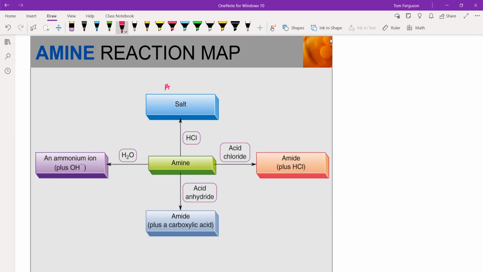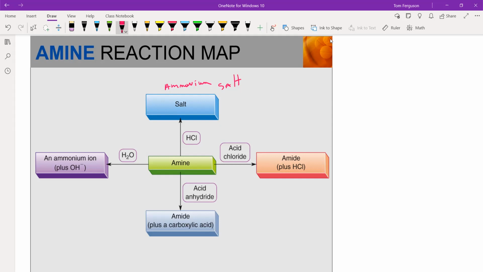This would be the ammonium salt. In the presence of water, the amine will grab hold of the hydrogen from the water, leaving a hydroxyl ion.